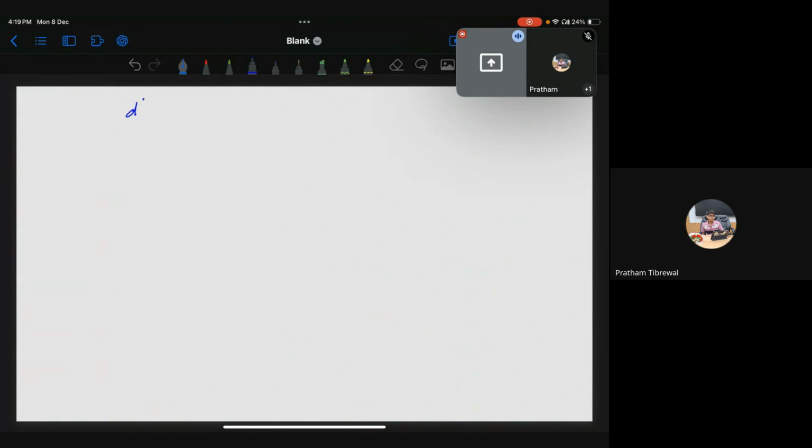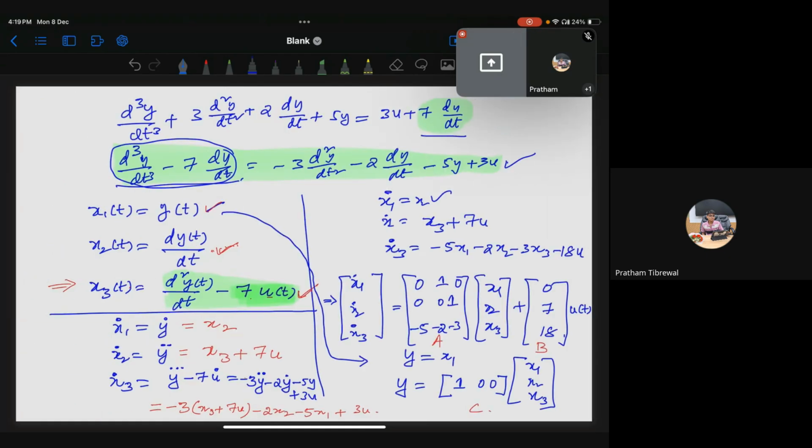The problem given is d cube y by dt cube plus 3 d square y by dt square plus 2 dy by dt plus 5y equal to 3u plus 7 du by dt.